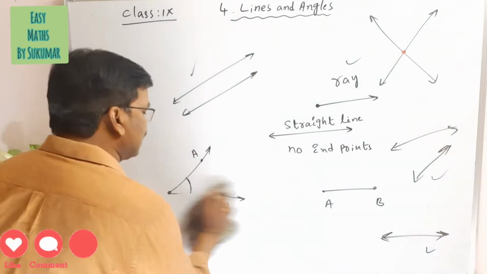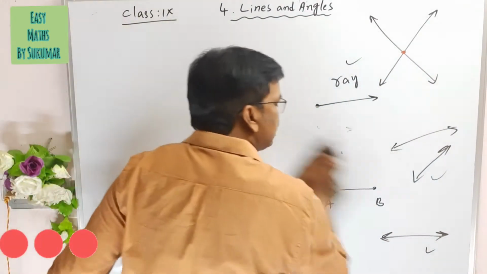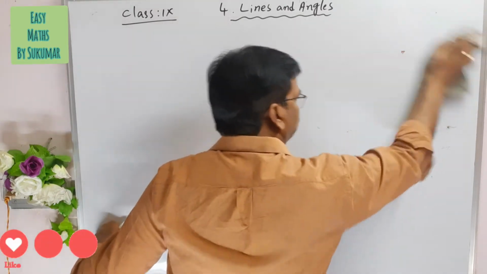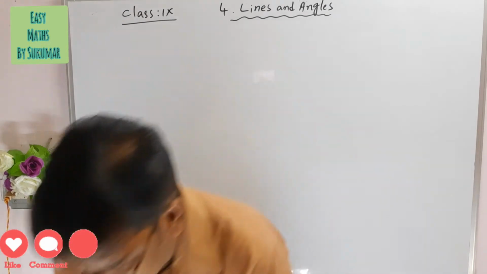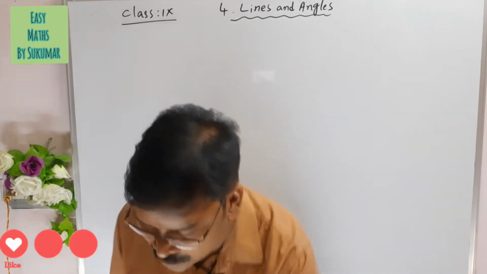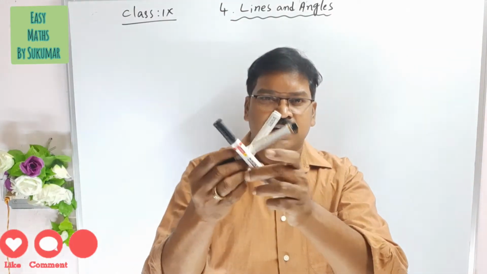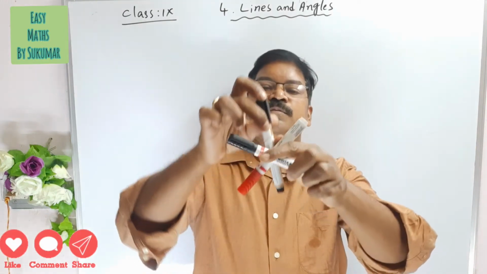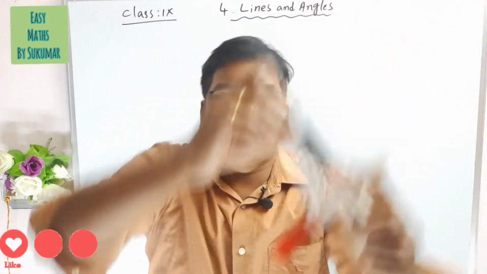Coming to the other topic, concurrent lines. See, my dear students, what is concurrent? For example, here I have three markers. These three markers have the common point like this.